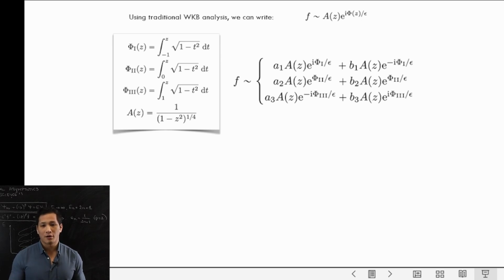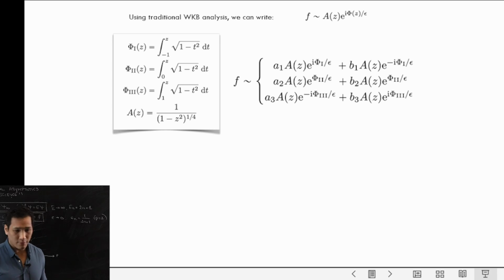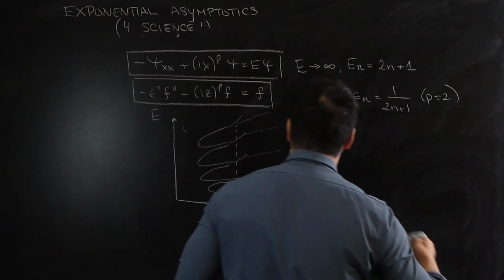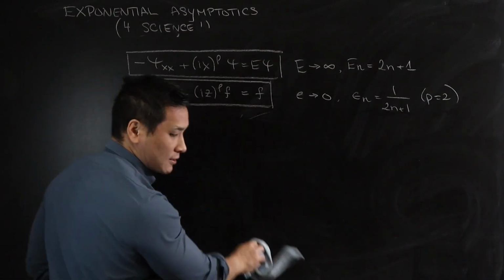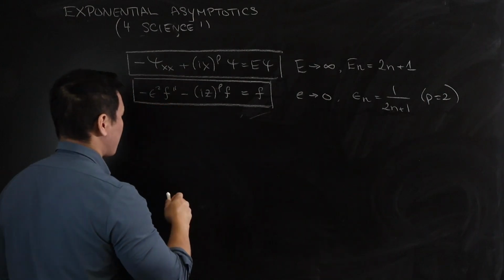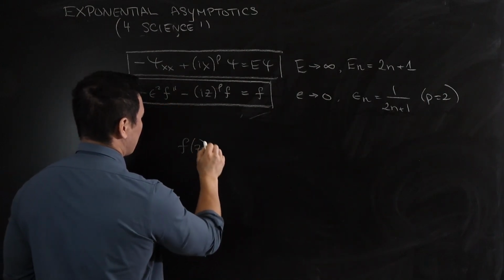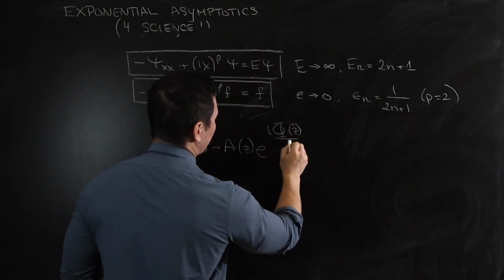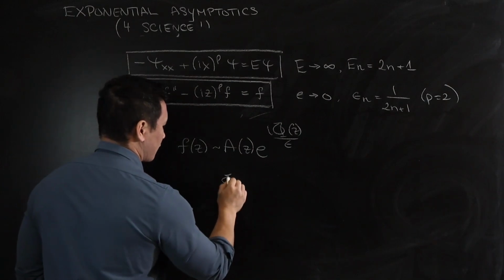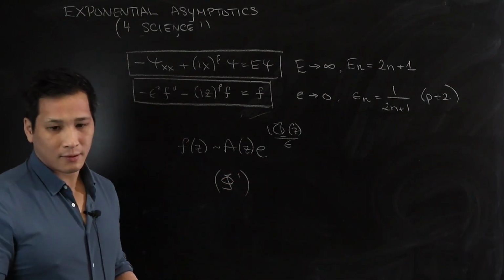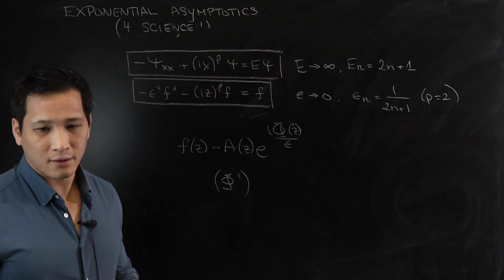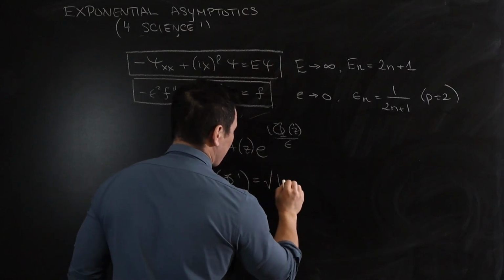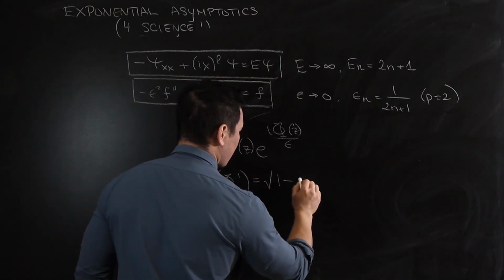Essentially, phi prime is, if I go back to my, so up here, okay, so you see that if I substitute that into the problem, f of z equals a of z e to the i times phi of z over epsilon, then I get something like phi prime is, I think, phi prime is the square root of 1 minus z squared, or z squared.